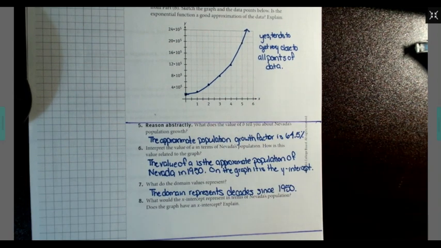What would the x-intercepts represent in terms of Nevada's population? And does this graph have an x-intercept, and explain?